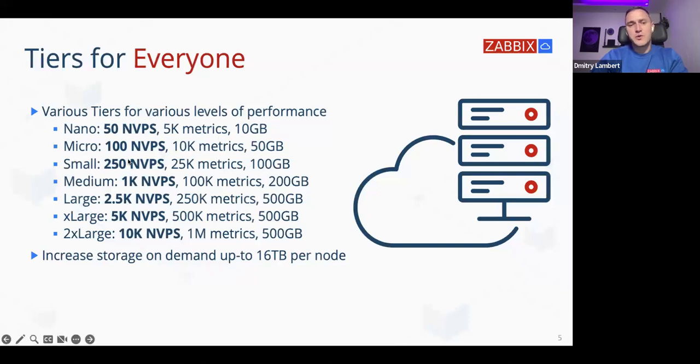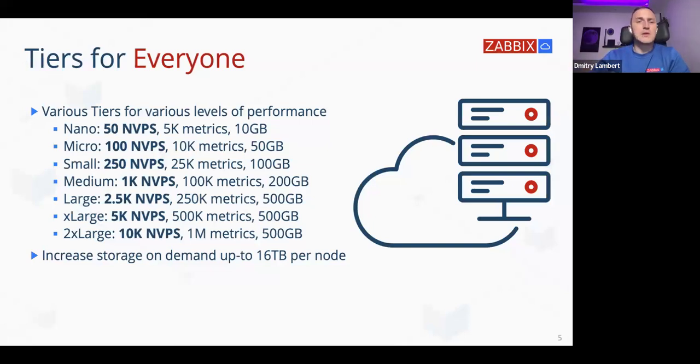And if you just want to try it out, you can start with a nano tier, which includes 50 new values per second. So remember, we talked about these metrics, update intervals, and number of hosts. And 50 NVPS might seem small, and in real production monitoring environments, 50 NVPS indeed is not a large metric, but at the same time, it is suitable to support 5,000 metrics.